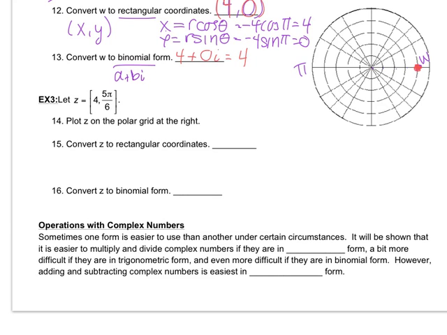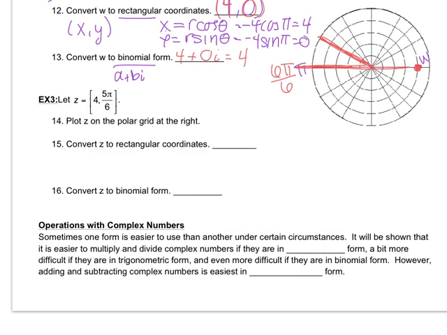To help you know where that is, because our polar grid isn't labeled, if this is pi right here, then 5 pi over 6 is just 1 pi over 6 less than 6 pi over 6. This would be 6 pi over 6, because that reduces to pi. Then 5 pi over 6 would just be 1 less than that, which is right there.